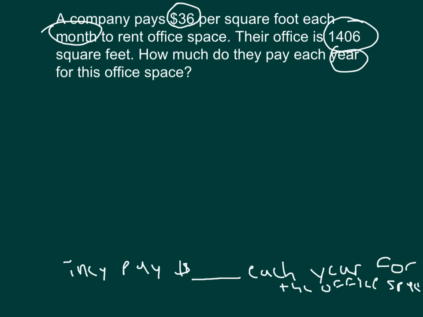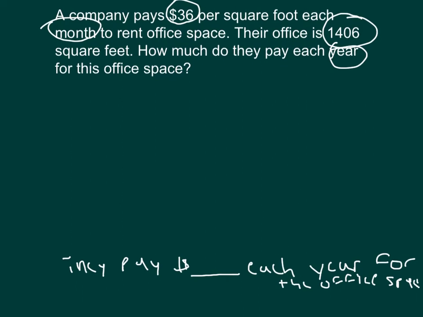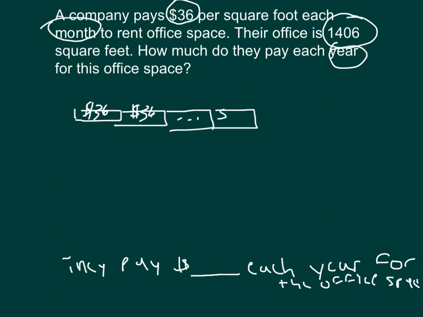So I think the first thing that we'll look at, because this is a multi-step problem, is that we're going to say that this is $36, and that's how much they pay for each month. And then this is another $36, which they would pay for the second month. And then over a year, for this tape diagram here, there are 12 months within a year.